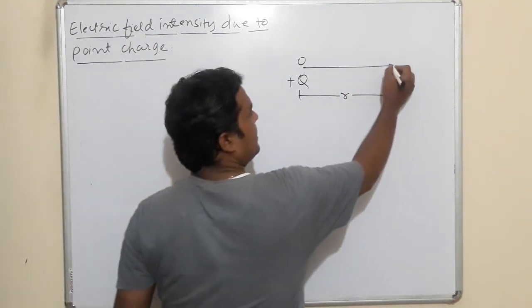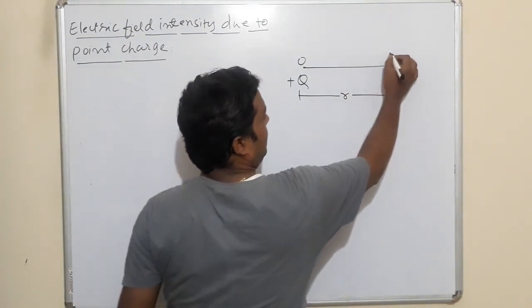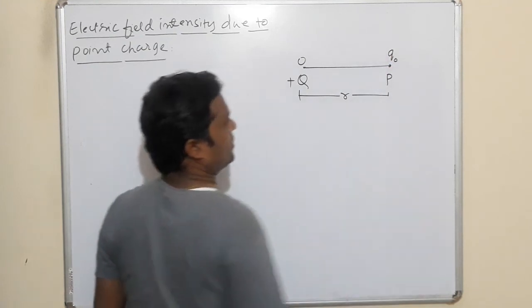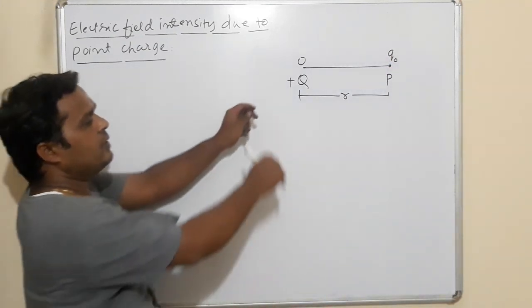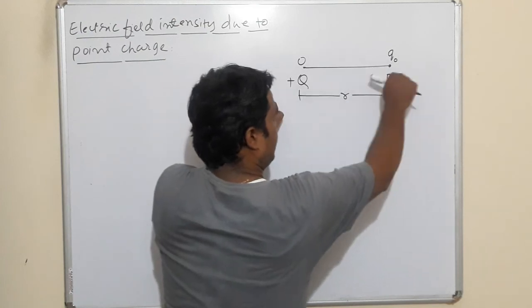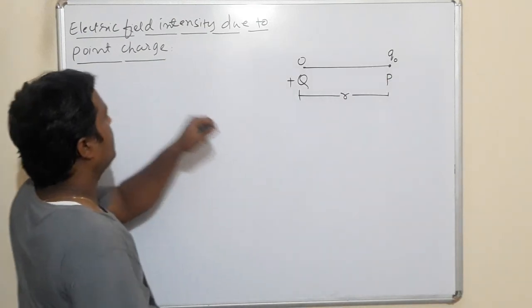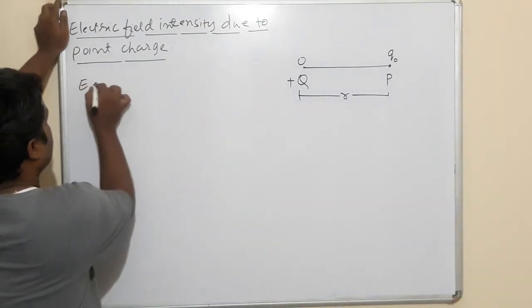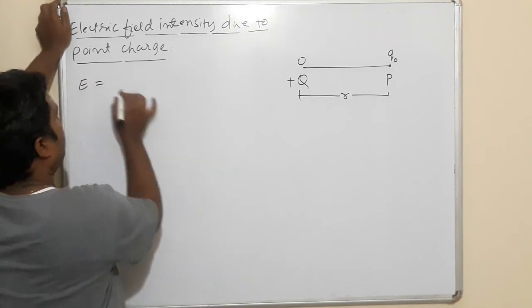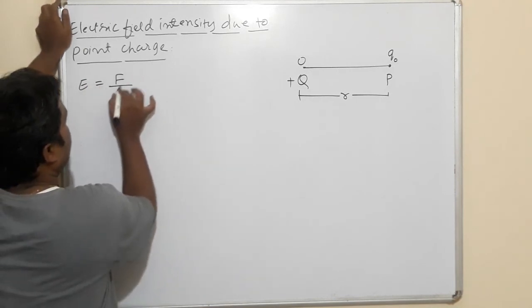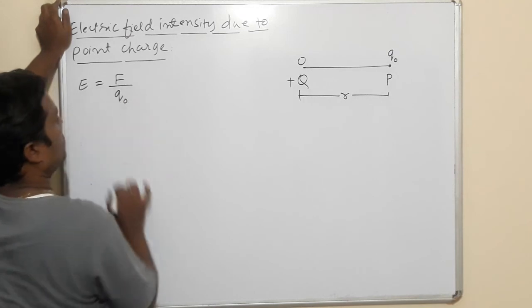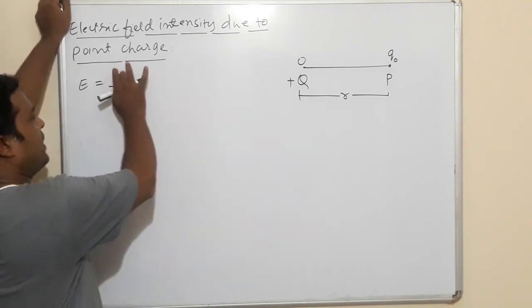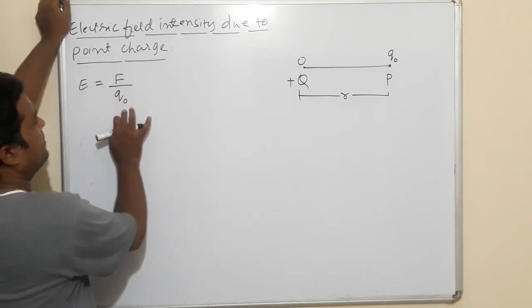At this distance r, to find the electric field, first we will place a test positive charge. Then we will see how much force this test charge experiences. We know that electric field strength is equal to the force experienced by that charge divided by Q naught, the force experienced per unit positive charge.